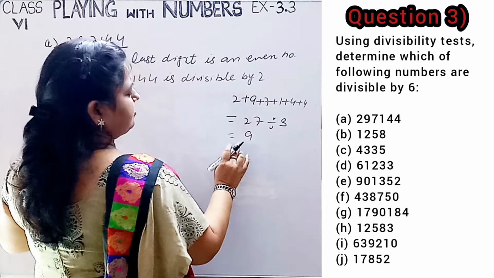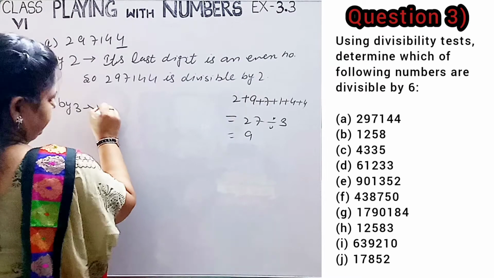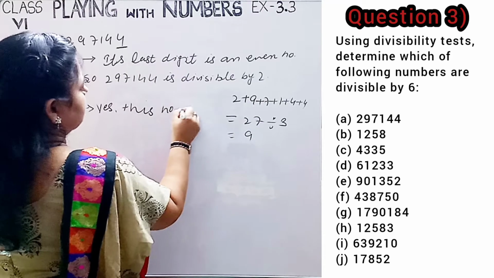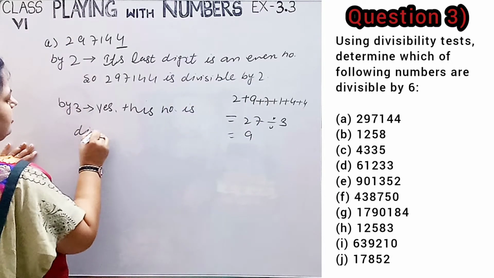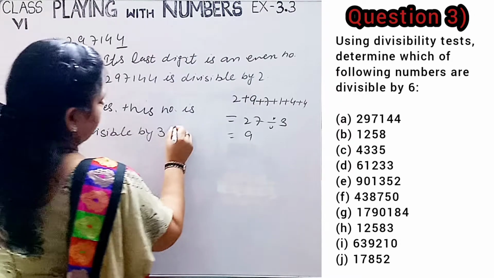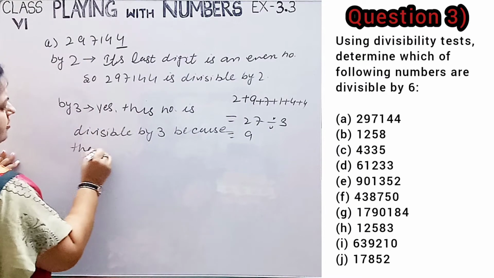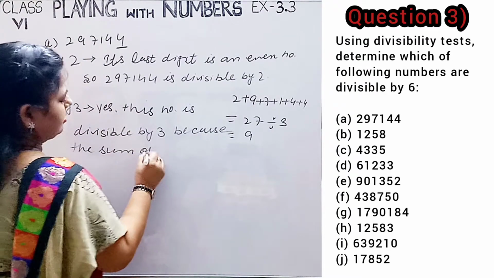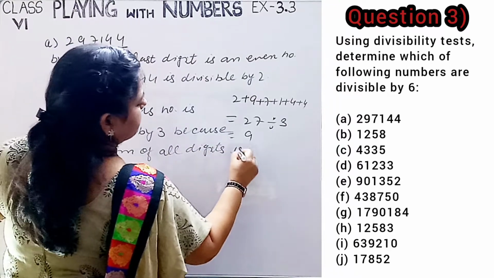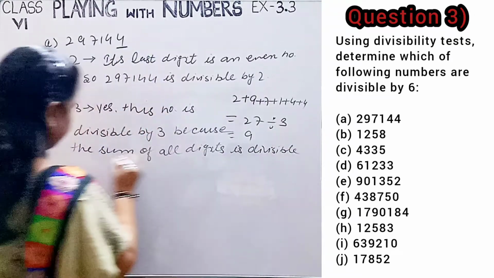It means yes, this number is divisible by 3, because the sum of all digits is divisible by 3.